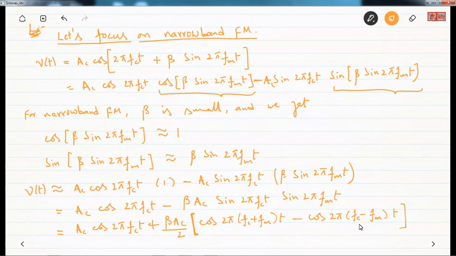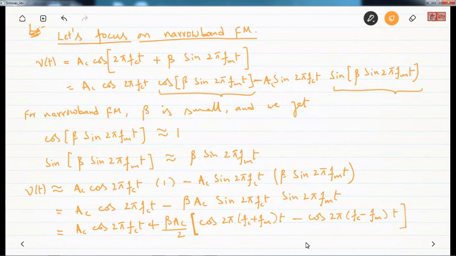And then there is cos 2 pi (FC minus FM)t, which is a lower sideband signal in an amplitude modulated wave, right? So there is a carrier component, an upper sideband at FC plus FM, and a lower sideband at FC minus FM. Of course, this sign is negative here.